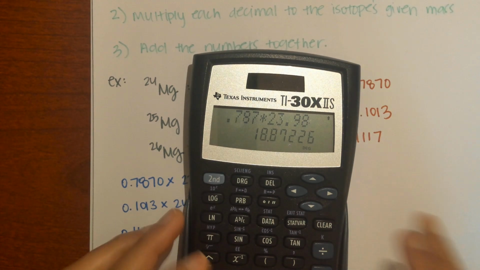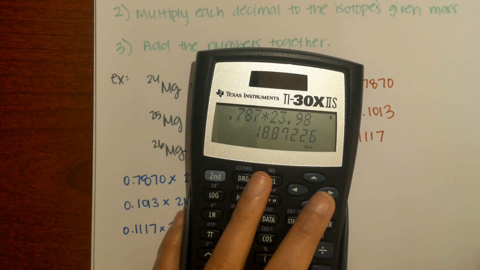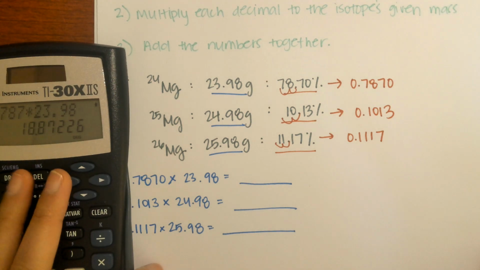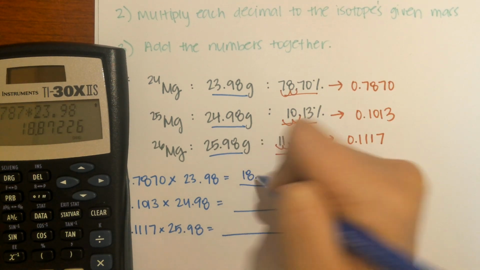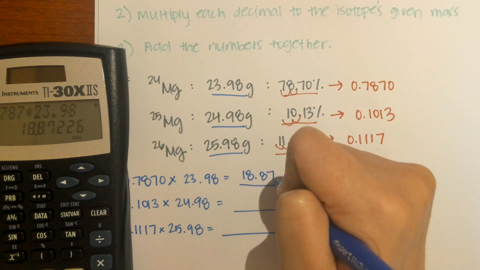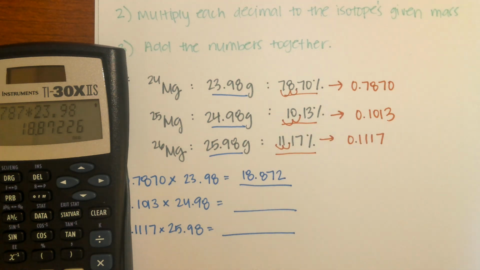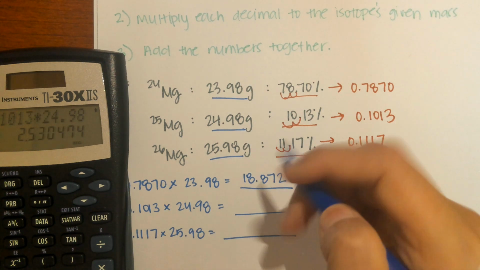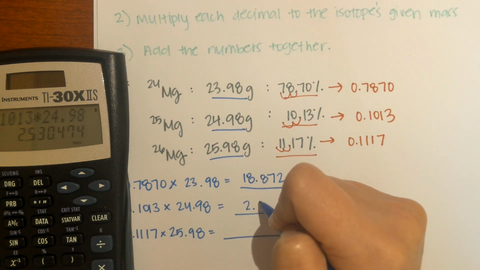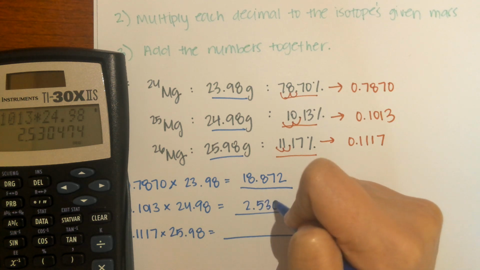So the first one, I got 18.872. I'm going to round to 3 decimal places. Next one will be 2.530.